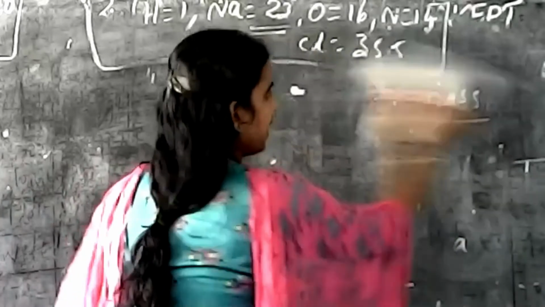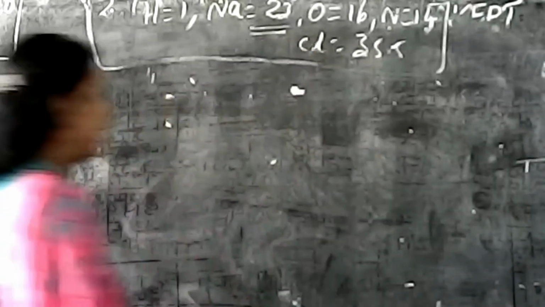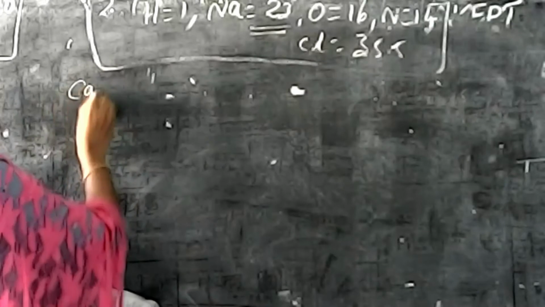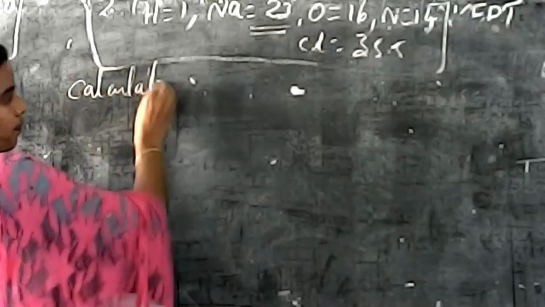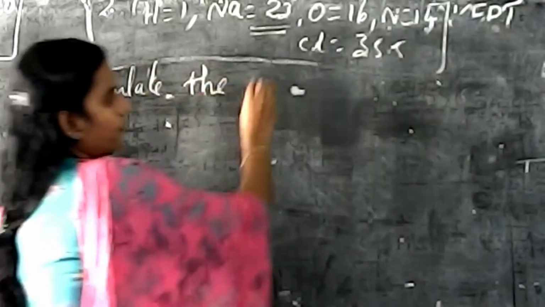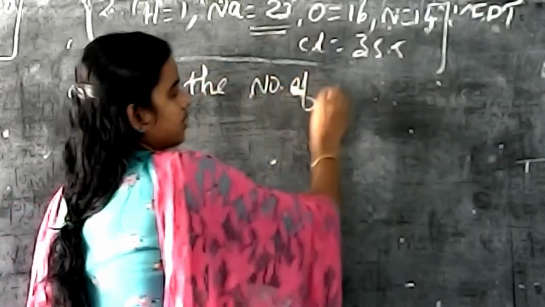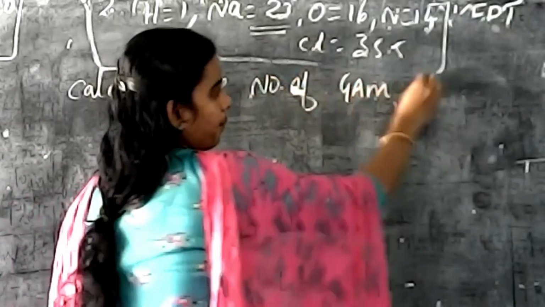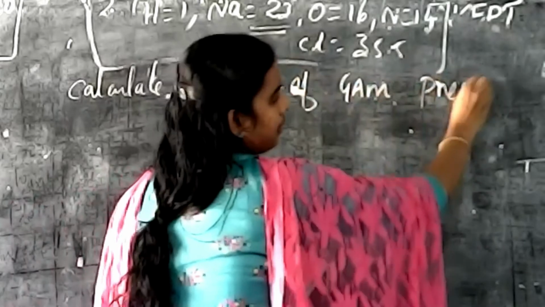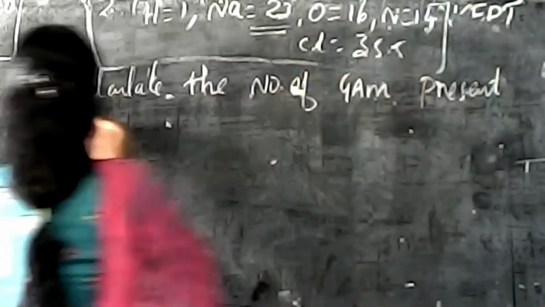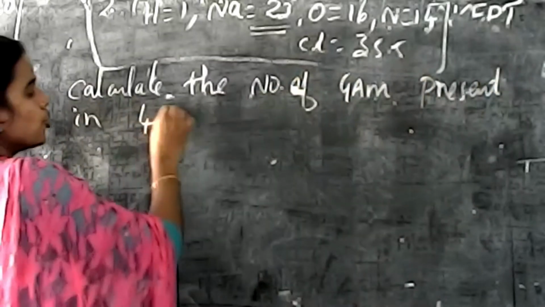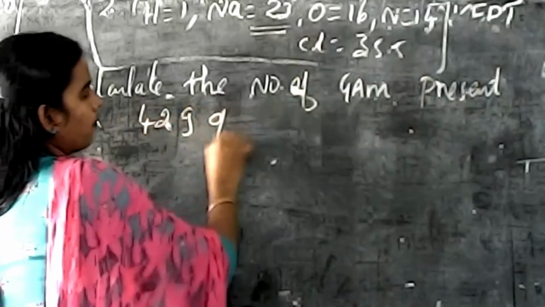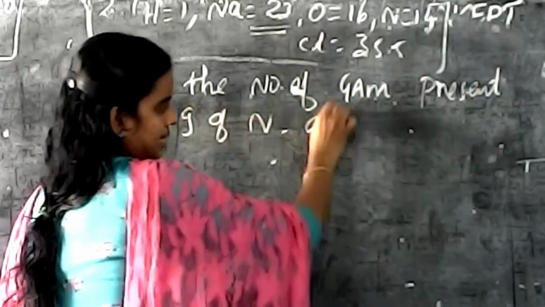Once again, repeating with another example: calculate the number of GAM present in 42 gram of nitrogen atom.